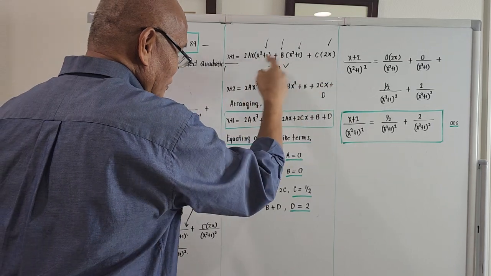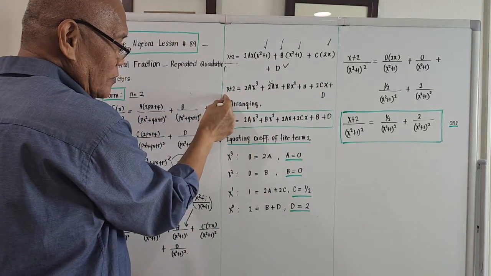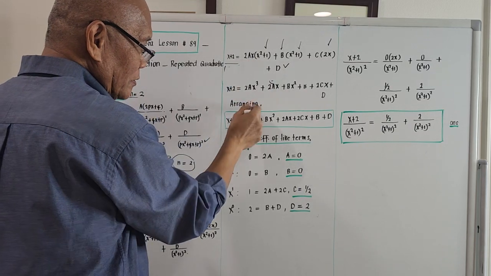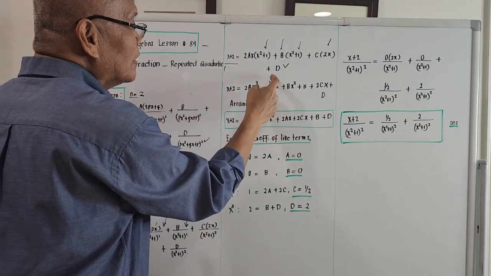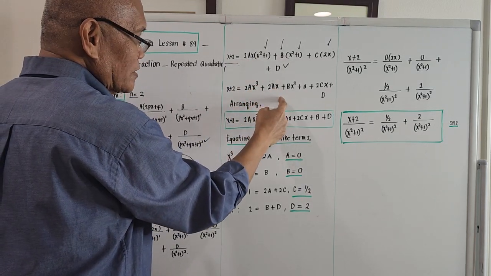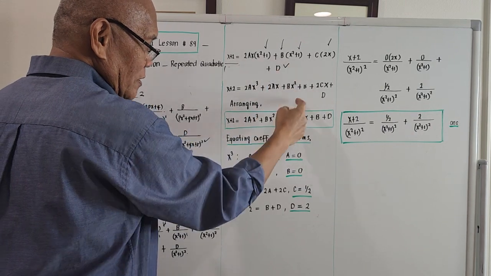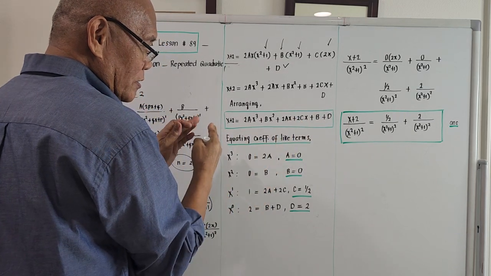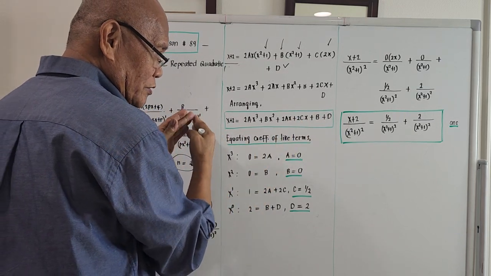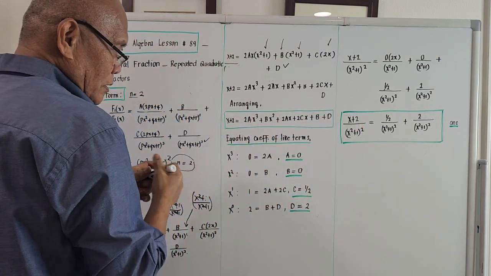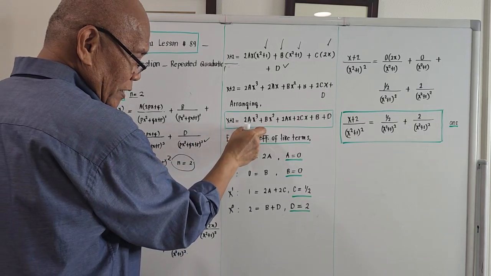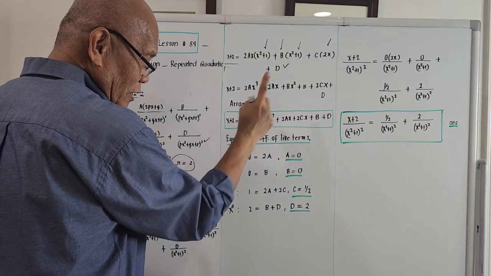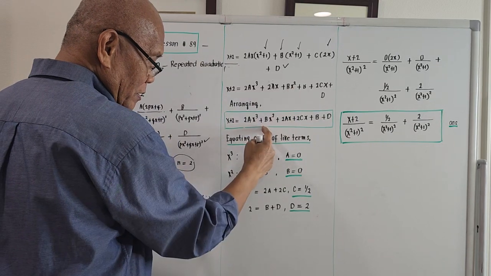And if we try to expand this one, x plus 2 now, we distribute: 2ax cubed plus 2ax plus bx squared plus b plus 2cx plus d. Then arranging the powers of x in the so-called descending order, x plus 2 should be equal to 2ax cubed. Quadratic will be the next one, bx squared.